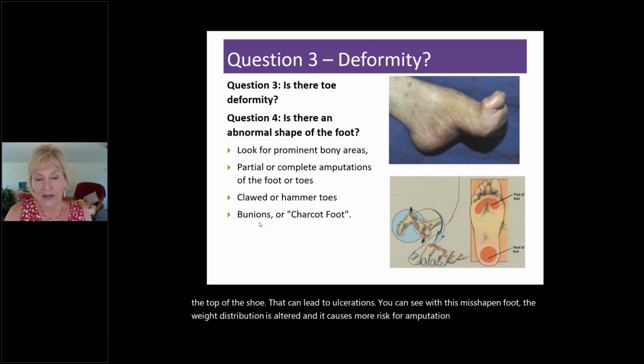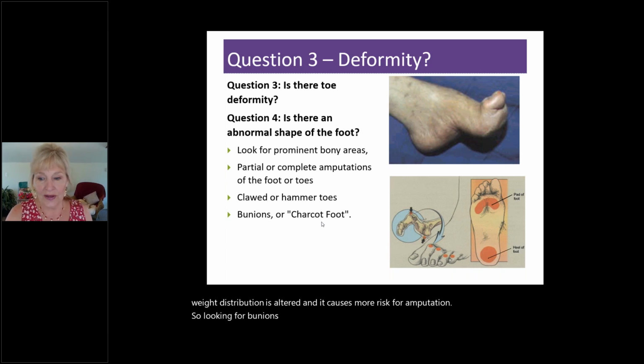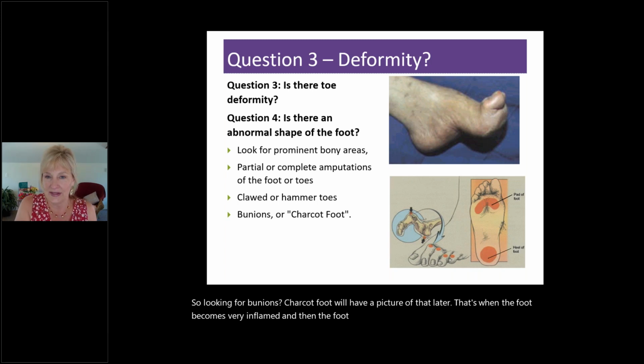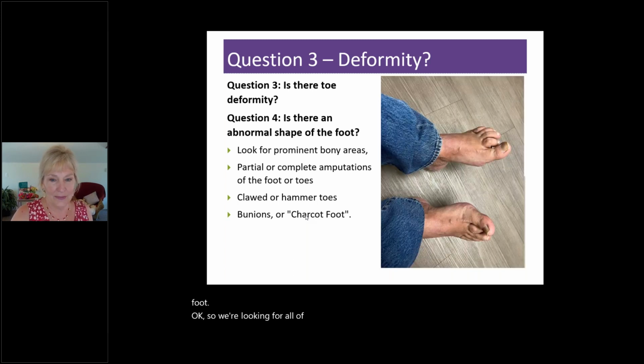So looking for bunions, Charcot foot, we'll have a picture of that later. That's when the foot becomes very inflamed and then the foot structure collapses and they get this rocker bottom foot. Okay, so we're looking for all of this as we're looking at people's feet.